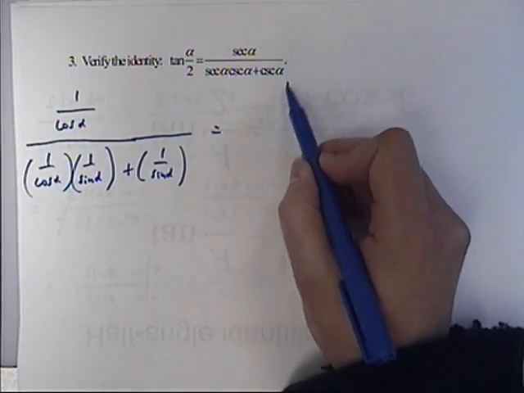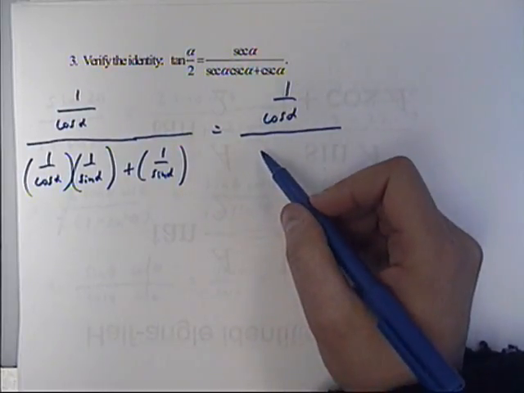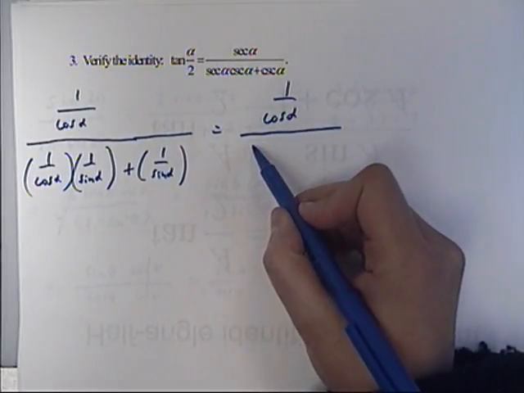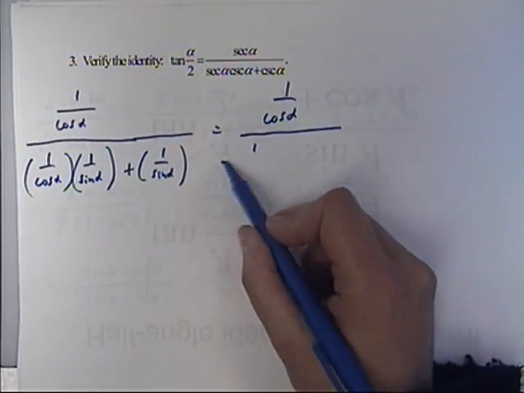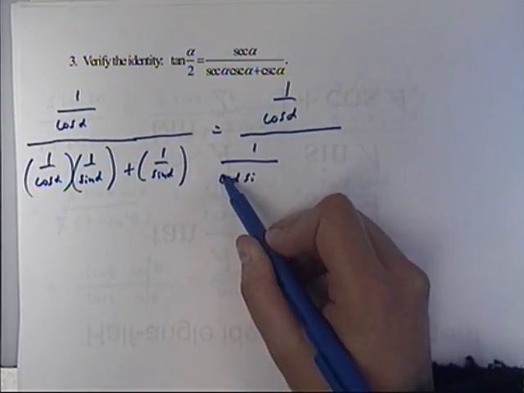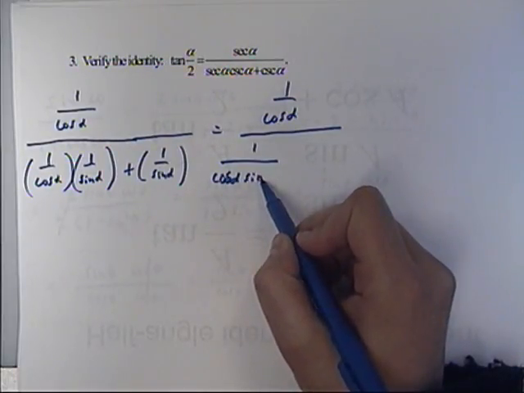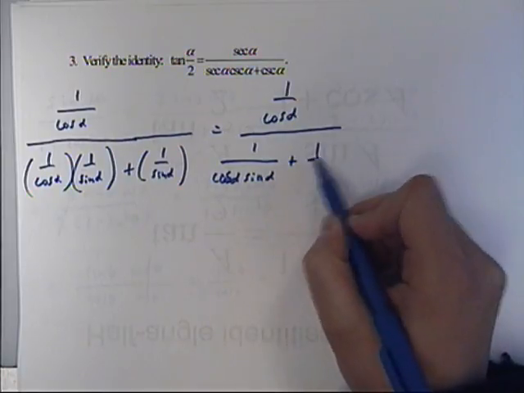Okay, so I've got 1 over cosine alpha on the top, and on the bottom I have two fractions. If I multiply this together, I have 1 over cosine alpha sine alpha, plus 1 over sine alpha.